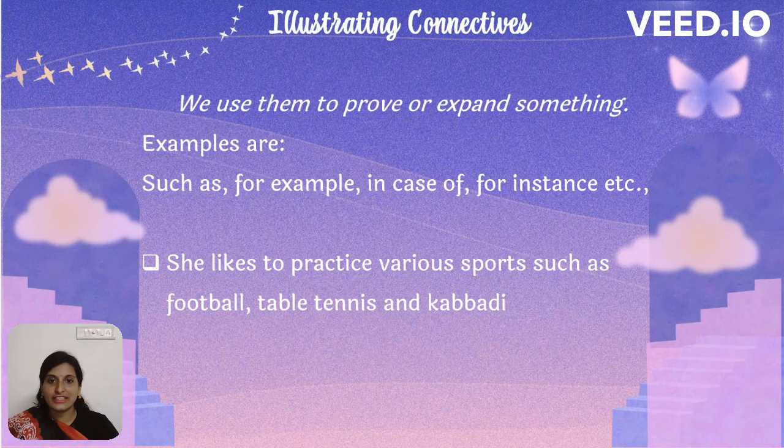Illustrating connectives are connectives that help us to expand or prove our point in a sentence. Examples are such as, for example, in case of, for instance, etc. So when we have to prove or expand the sentence or the thing for a better understanding of the meaning, we have to use some elaborative examples on the thing that we are talking about.